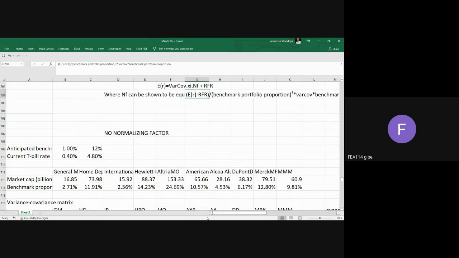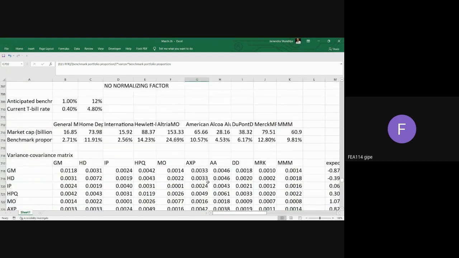So let's see. We go back to the same case. If you can say, this is the market cap of all these companies. So the next one is the benchmark proportion given to you.